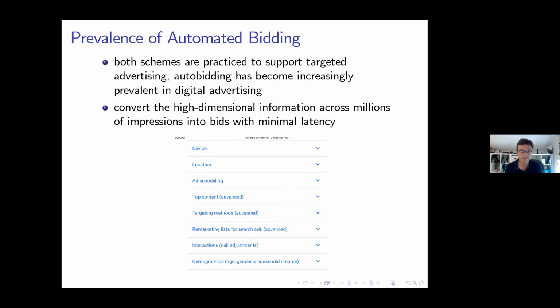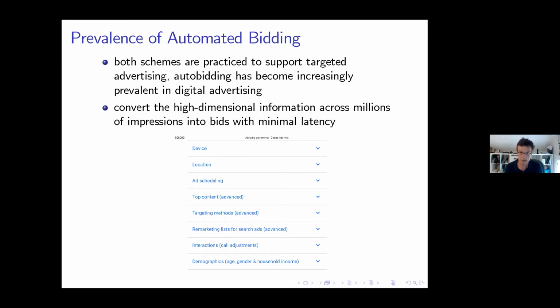Okay, so this is just a little copy on the lower end of the screen of the characteristics that the bidder can enter, say, on Google Ads when they want to choose how they want to bid on particular characteristics of the viewer: device, location, the time, the content, the targeting method, and so on.